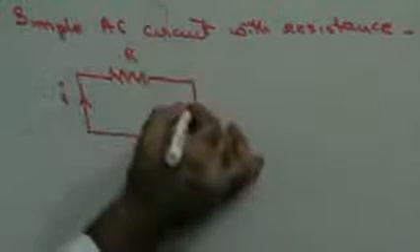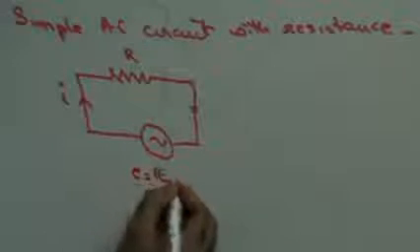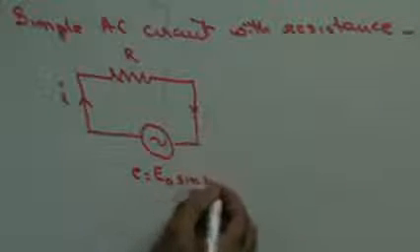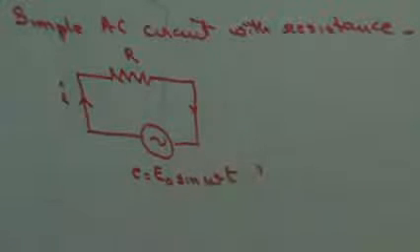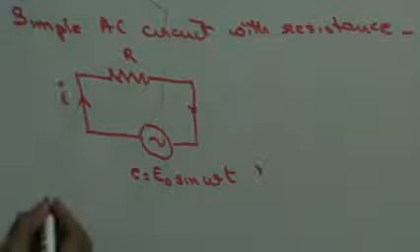This is your external resistance R, and this is your E, which is going to be nothing but E0 sine omega t. That's a simple AC circuit with an external resistance in it. So let us assume that an alternating EMF is applied between the terminals of a resistor.